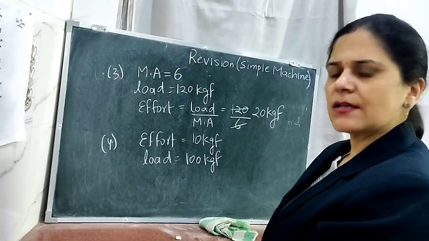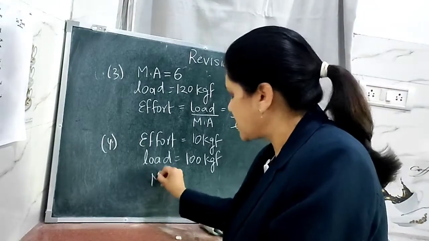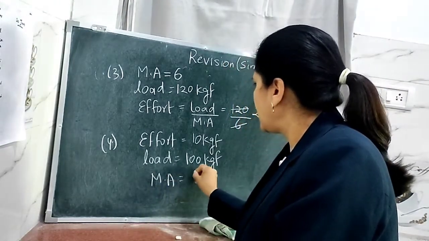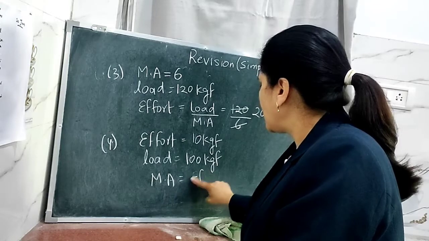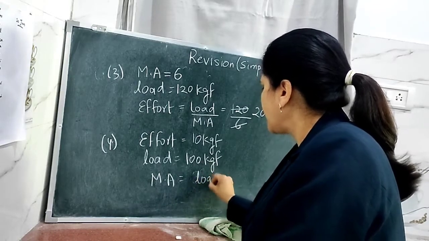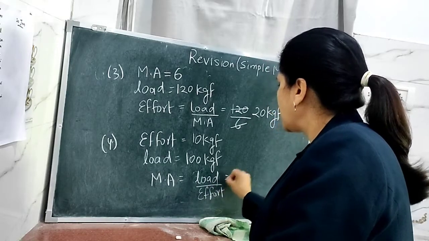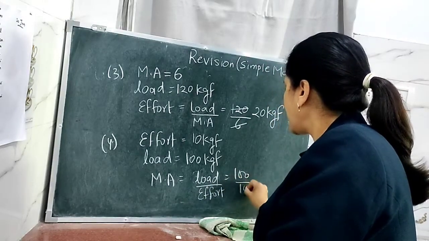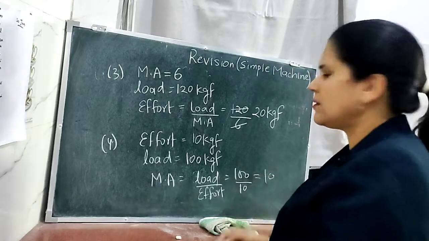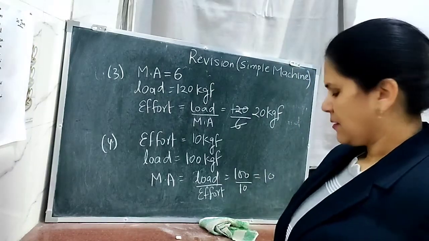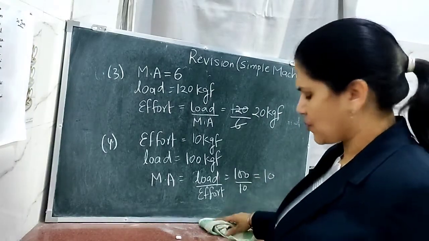And again they are asking us to calculate the mechanical advantage. You apply the formula, mechanical advantage is equal to load upon effort. Substitute the value in the given formula, you will be getting this as 100 upon 10 and the answer will be equal to 10 only because it is a ratio.